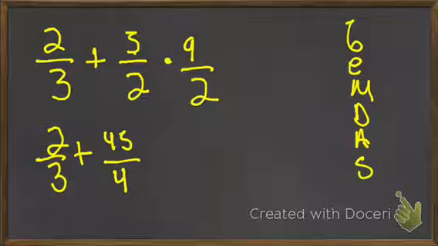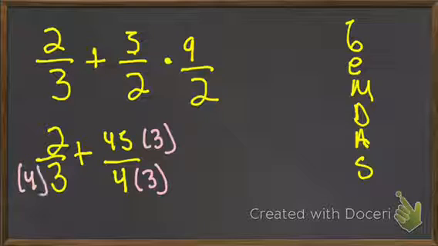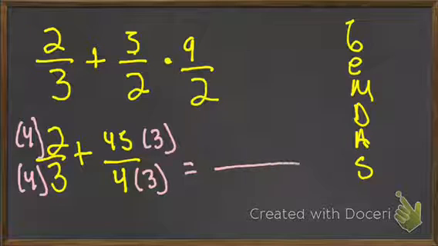Okay. Now, the next step will be to add. In order to add these two fractions, I need to have the same denominator. So I'm going to multiply this side by 3 and this side by 4. And then you're going to do your multiplication. Denominator is going to be 12.